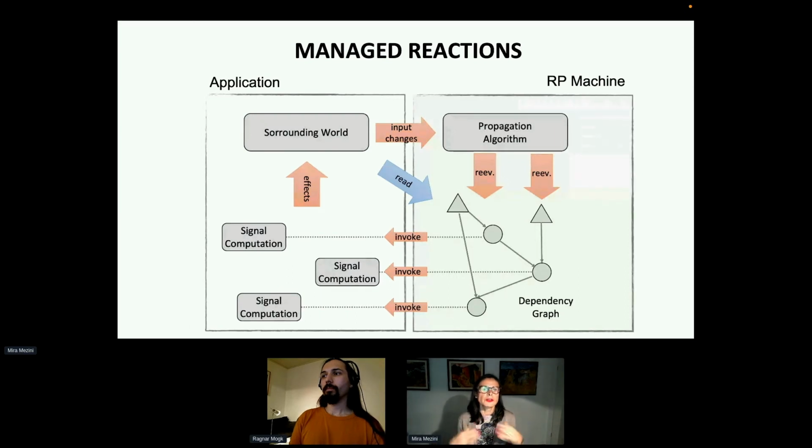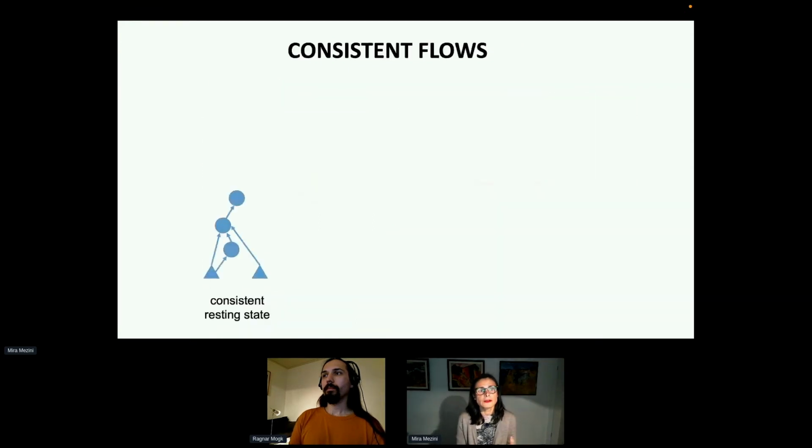So you could think of reactions being managed just like state is managed in languages like Java or Scala. This is done automatically, and I also mentioned that change flows are consistent. What do I mean by this?